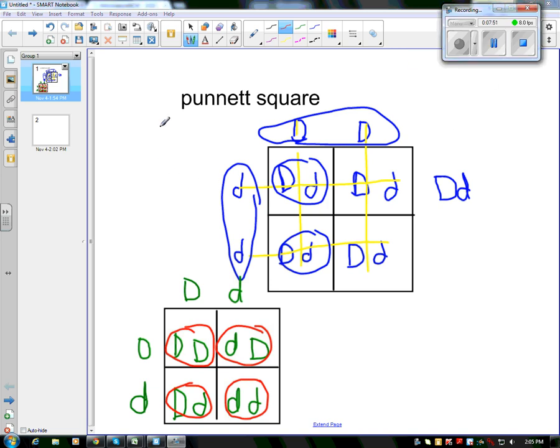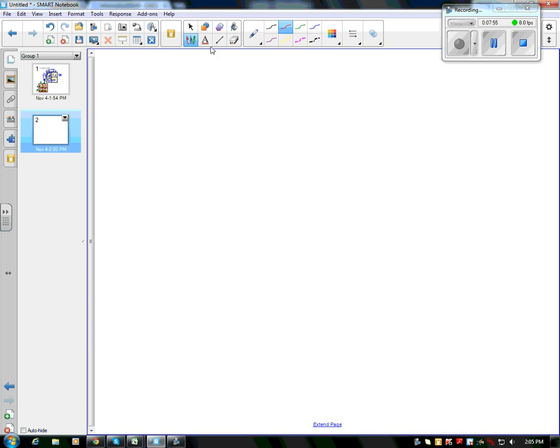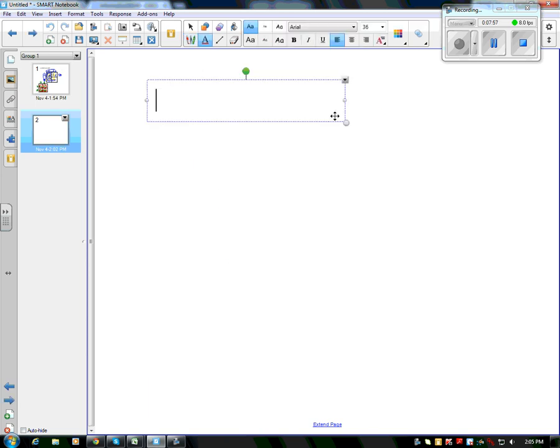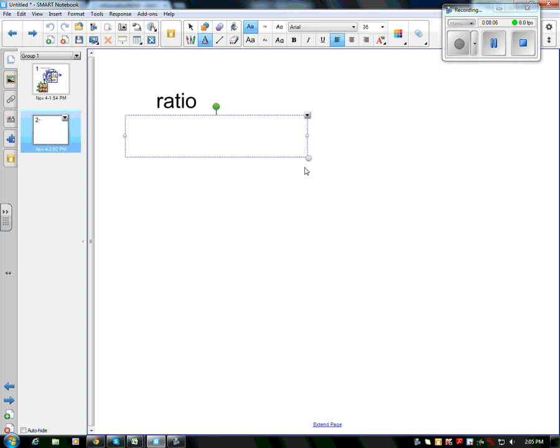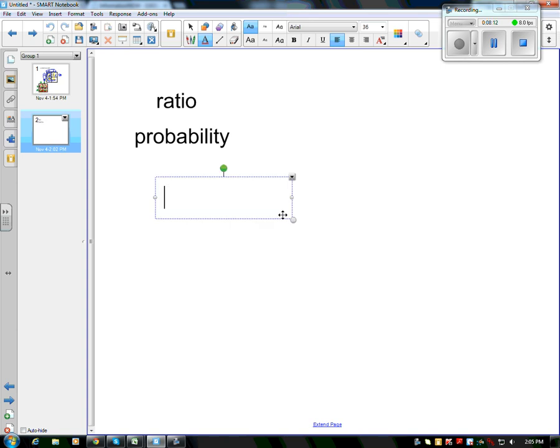All right, when we talk about this, we're talking about a couple of different things. We're going to talk about ratios. We talk about probability. And we talk about percentages.